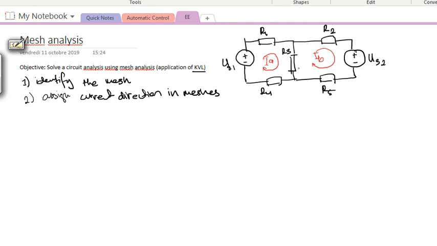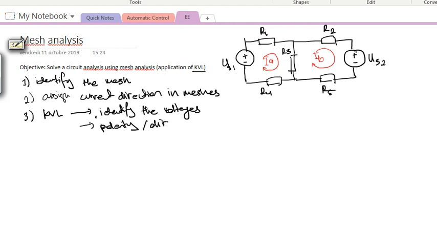Next, once we have assigned the direction of current, what we can do is write the KVL. So the third step is writing the KVL. From previous classes, we know that we have to first identify the voltages, where the voltages are, and not just identify the voltages, but also identify the polarity, or direction, of the voltages, right?